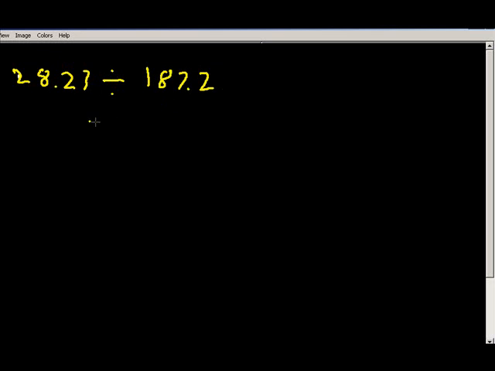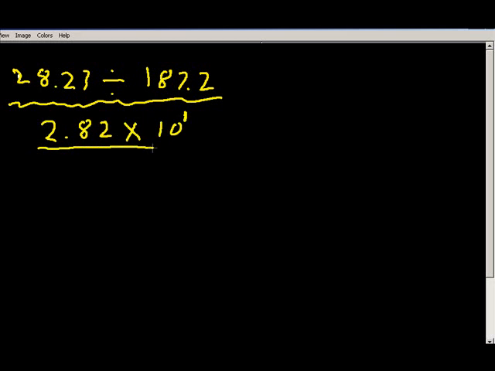To solve this problem, we first convert each number to scientific notation. So it's 2.82 times 10 to the first divided by 1.87 times 10 to the second, again because I'm moving my decimals.